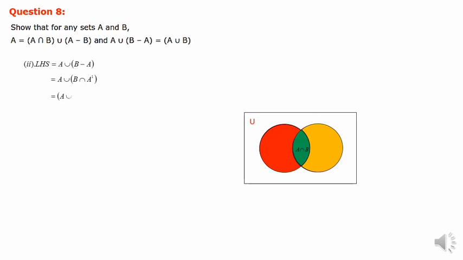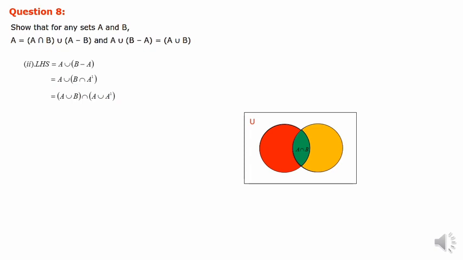Then let's expand it: A union B, intersection, A union A naught. A union A naught is quite clear. A union A naught means a portion together with its complement. In the previous question we discussed this.